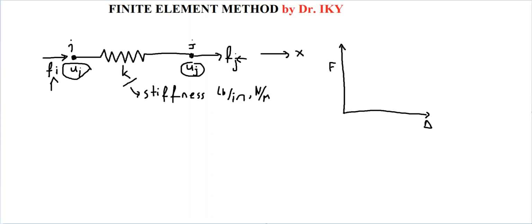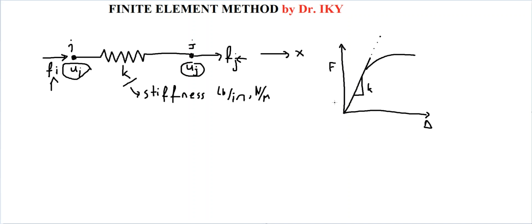So we have an elastic value, and here you have the stiffness K. If this goes like this, it is linear. If this goes like this, it is non-linear. So you can write F is equal to K multiplied by delta, which is the force needed to produce a unit stretch.